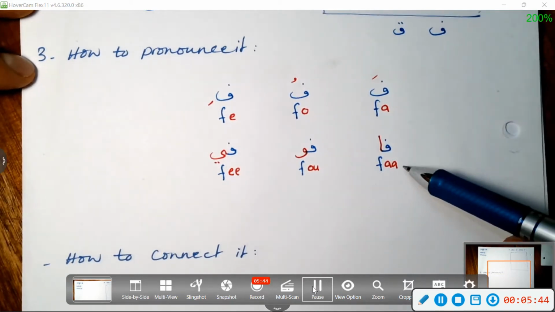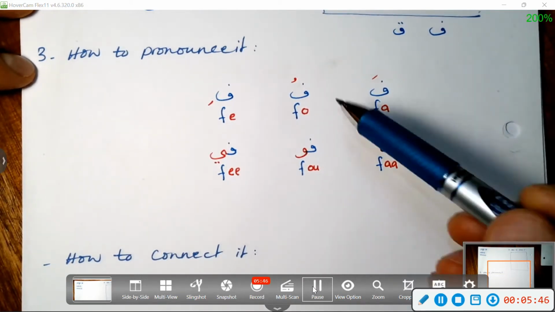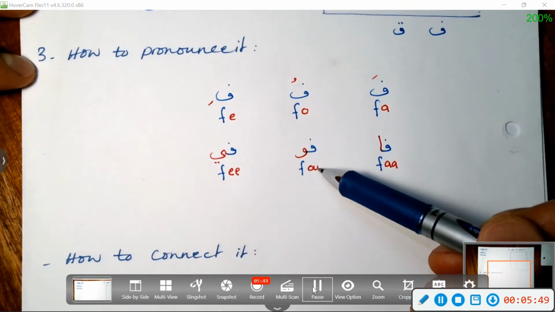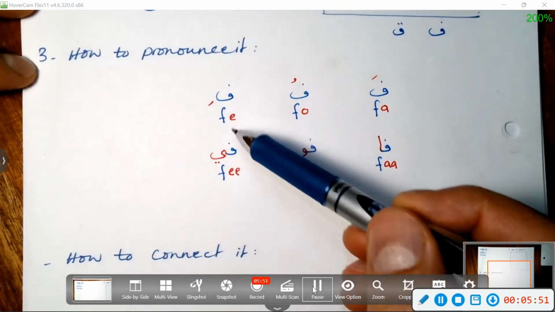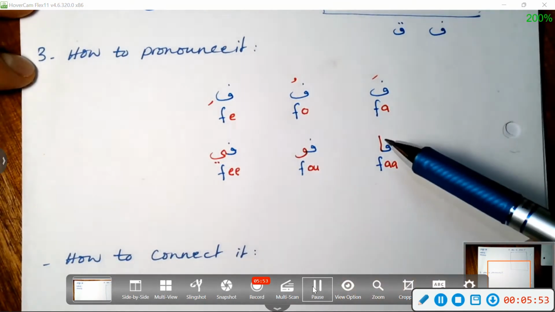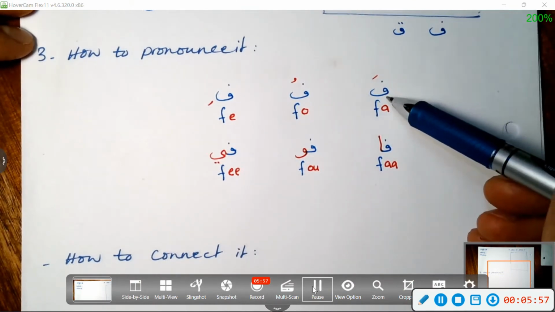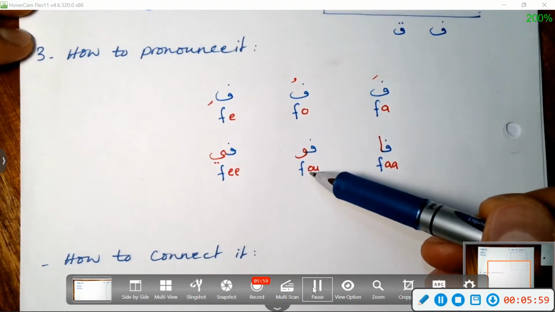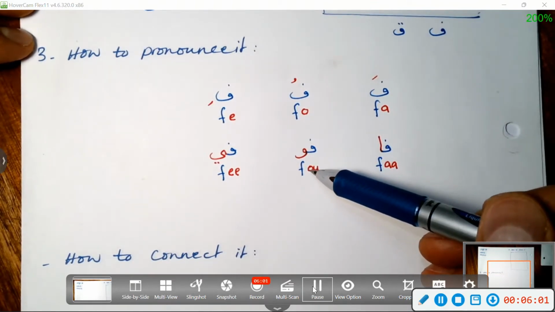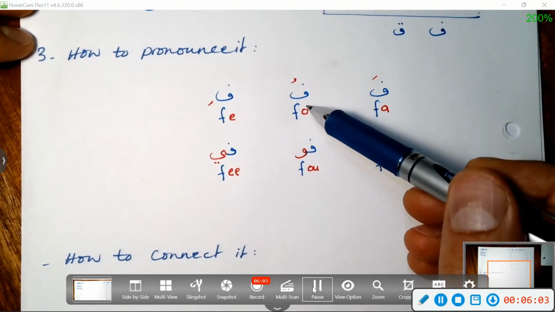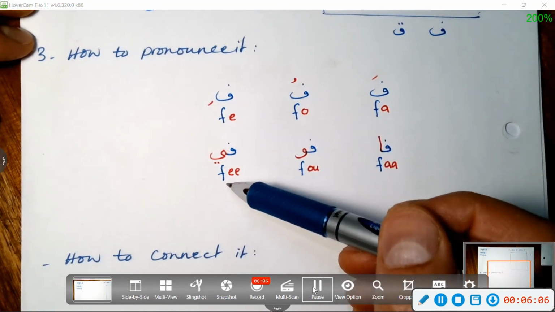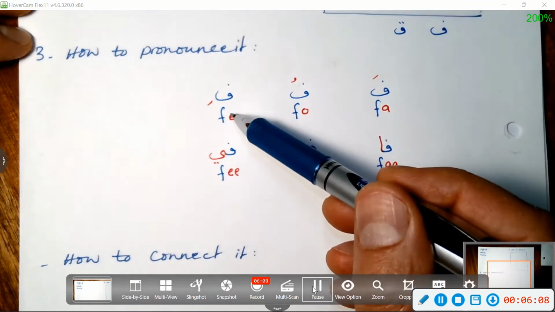Fa, fa, fu, fu, fi, fi. So fa, long vowel, cut it short, becomes fa. Fu, long vowel, cut it short, fu. Fi, cut it short, fi.